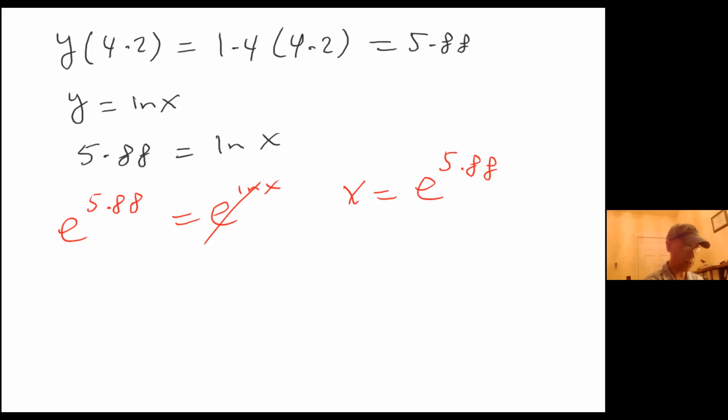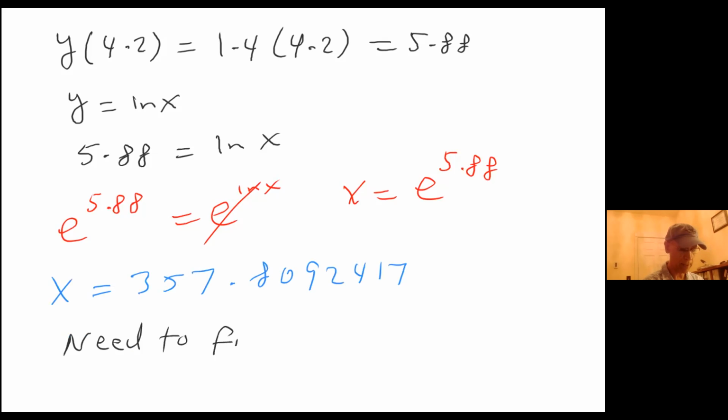And my calculator is telling me that x equals 357.8092417. We need to find dy dt. So now I need to find dx dt, and again, we have to do it indirectly.